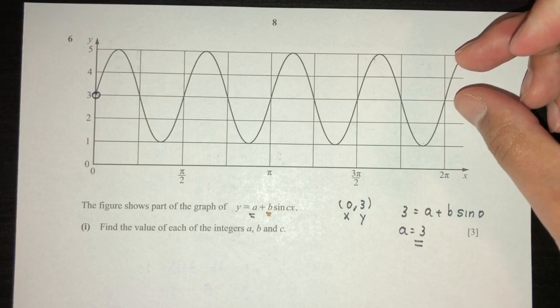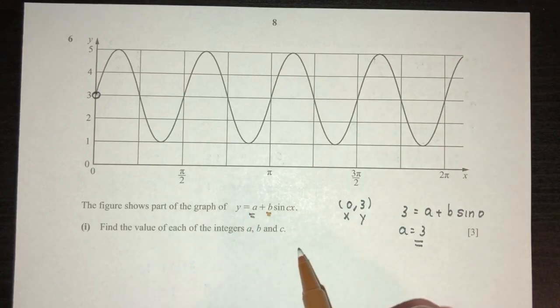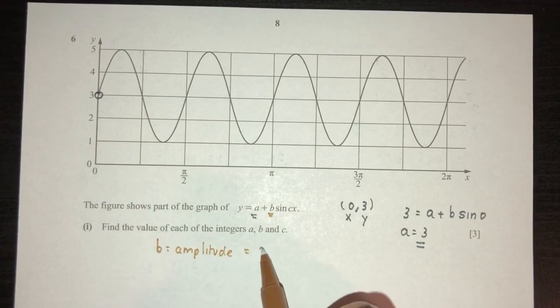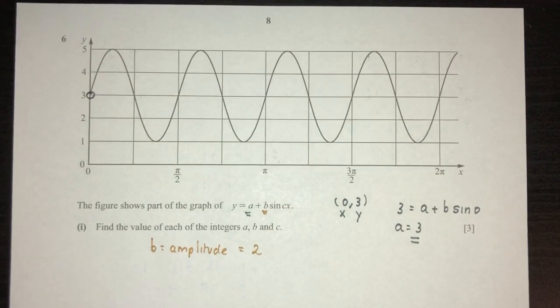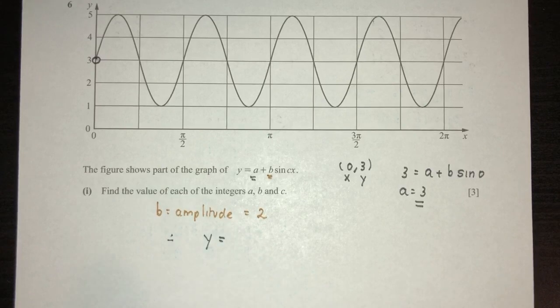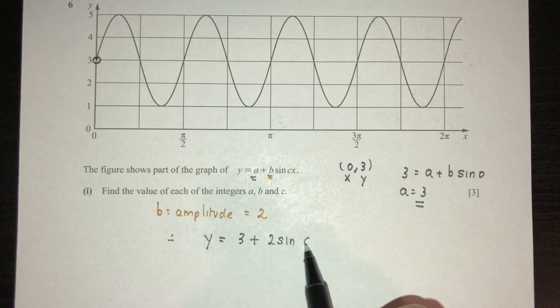Since they are equal on both sides, the value 2 will be b. So b, the amplitude, is equal to 2. So right now what do we have? Right now we have y is equal to a, which is 3, plus b, which is 2, sine of cx.